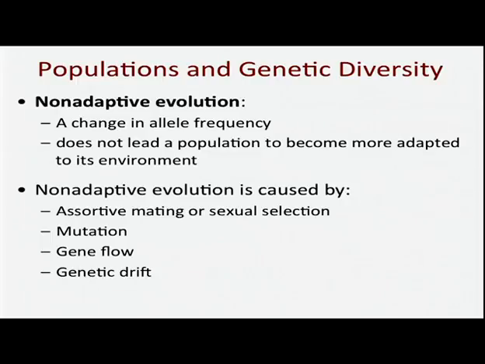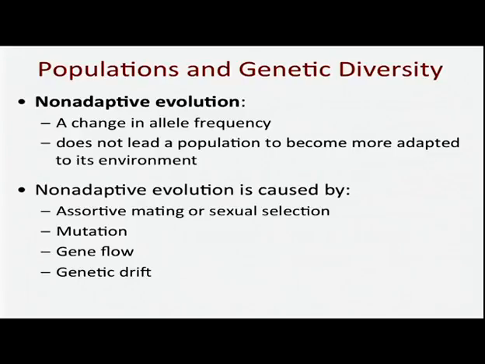In some books, like ours, they call it non-adaptive evolution. Adaptive evolution is natural selection, where the best adaptations or the good ones are the ones that survive and become more frequent in a population. Non-adaptive evolution would be a change in the allele frequency, but it does not lead them to be better adapted to the environment. Okay? Which sounds like that shouldn't happen, right? But I'll give you some examples of how that can happen.